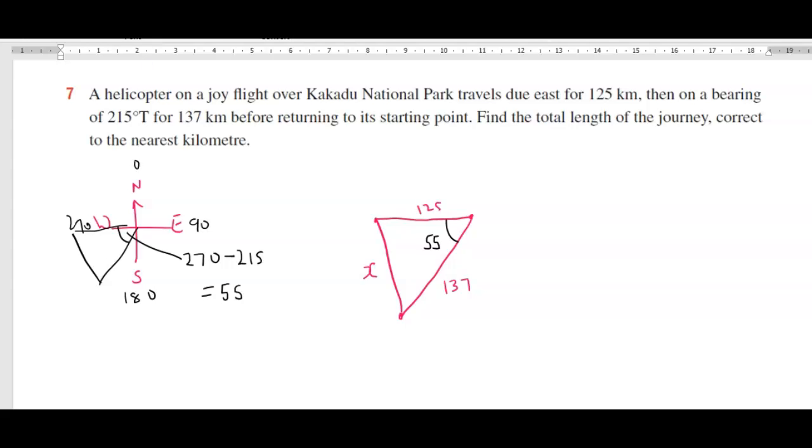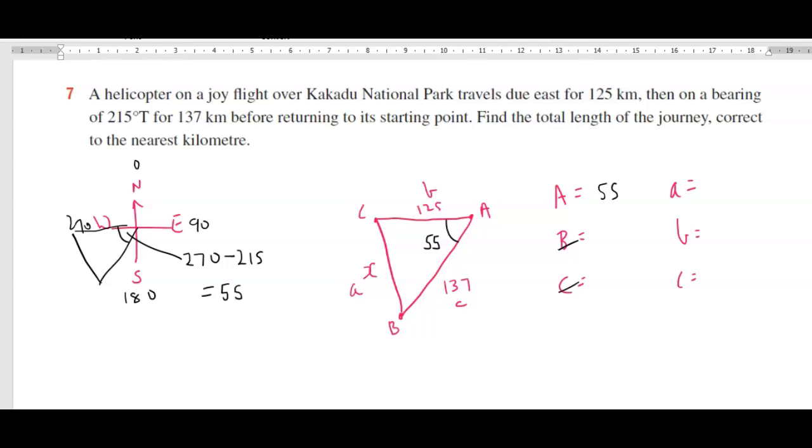All right, so let's identify our sides. So A, B, C. Okay, so big A is 55.